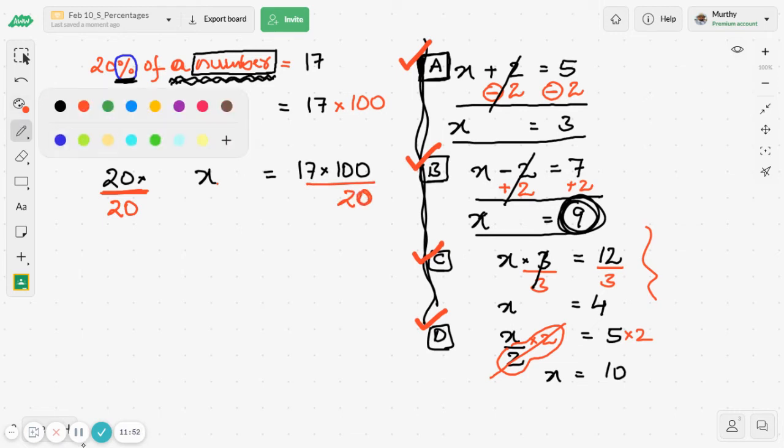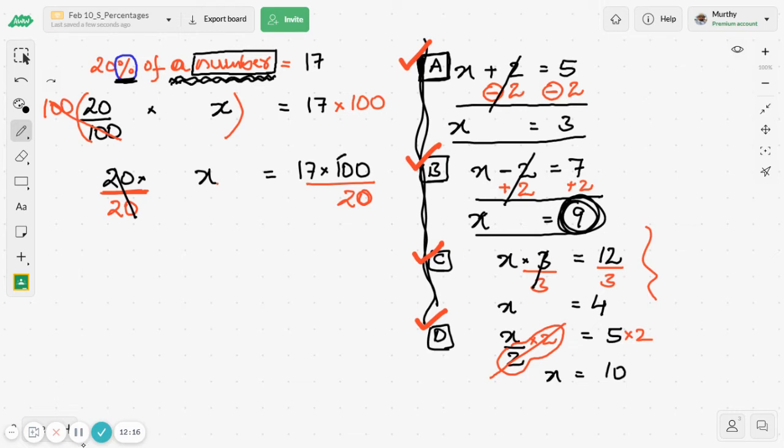So 20 over 20, 20 divided by 20, gives me 1. One time this variable. In fact, we need not consider the 1, because if you take one apple or an apple, that means the same. In the same way, x or 1x, it makes no difference.